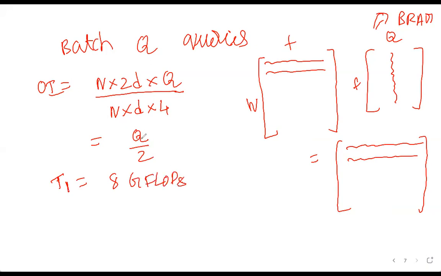But if Q is equal to 1000, for example, then T2 becomes 8 teraflops per second. Okay, 8000 gigaflops per second, but now it becomes 8 teraflops per second.